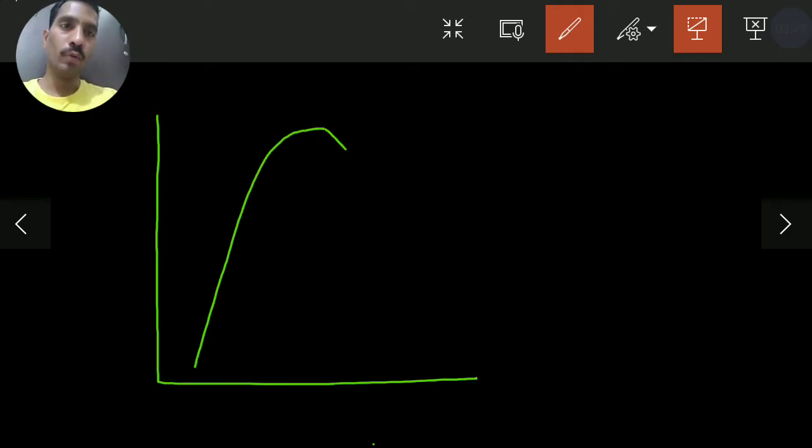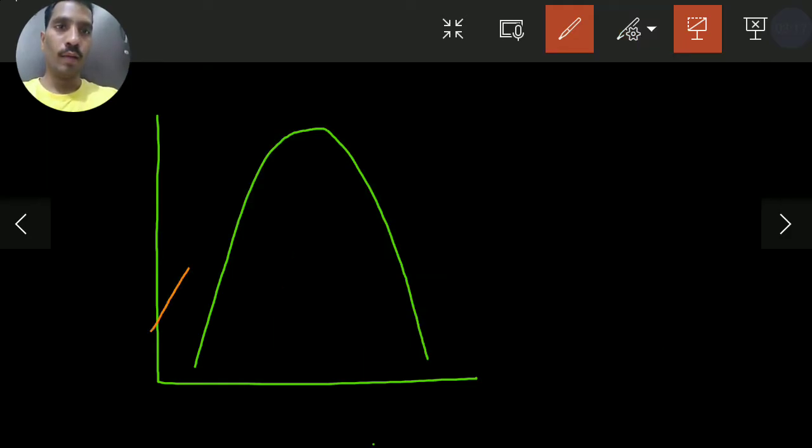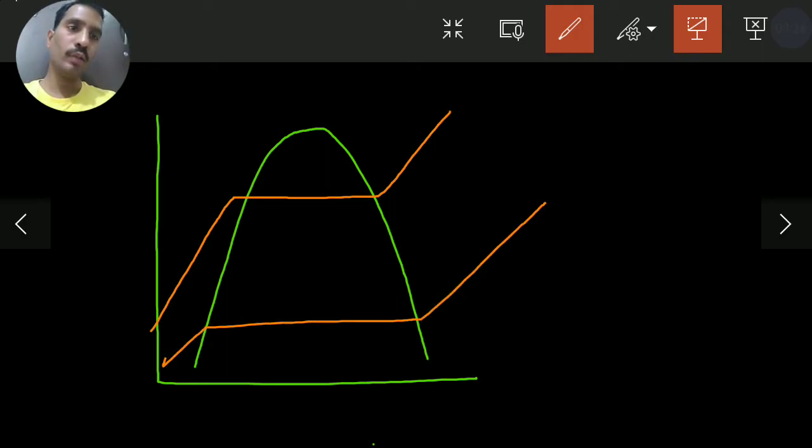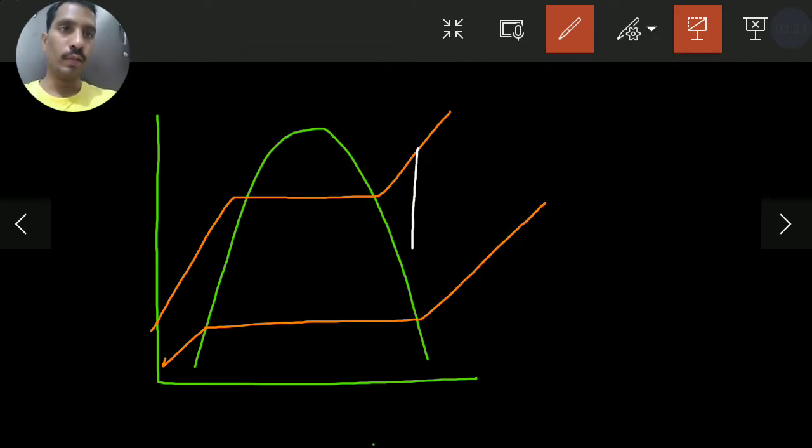If this is the Rankine cycle, I will draw it one more time. High pressure, boiler pressure, and this is low pressure, the condenser pressure. Now we will draw the Rankine cycle. This is the Rankine cycle, 1, 2, 3 and 4.